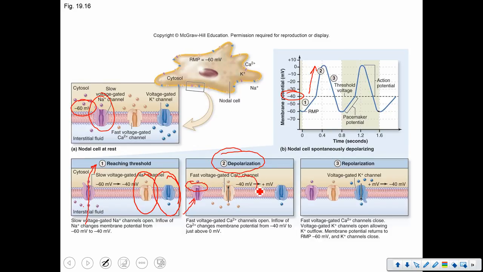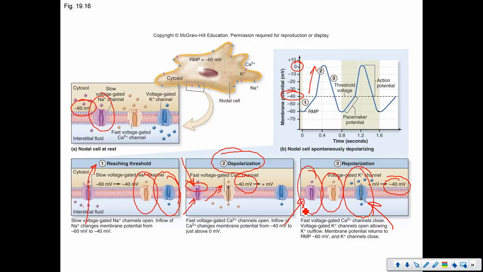So when we hit minus 40 millivolts, that causes this channel to close, and it causes this channel to open. When you zap it with a certain voltage, then we hit it. Then when we get to 0 millivolts, now that causes this one to close, this one's still closed, and then that causes this one to open. And then when you get to minus 40 millivolts, this one will close again, and then this one will open. Make sense?